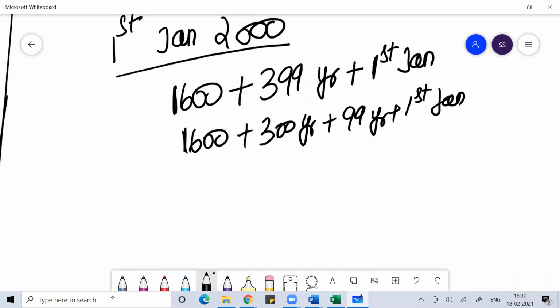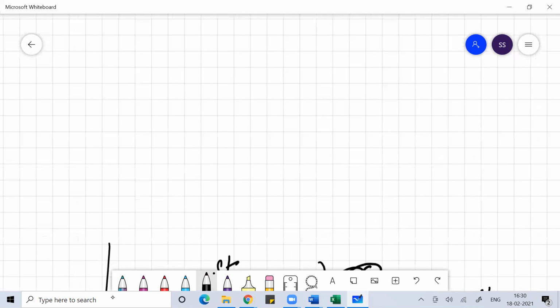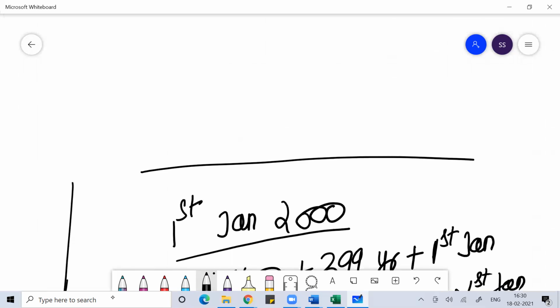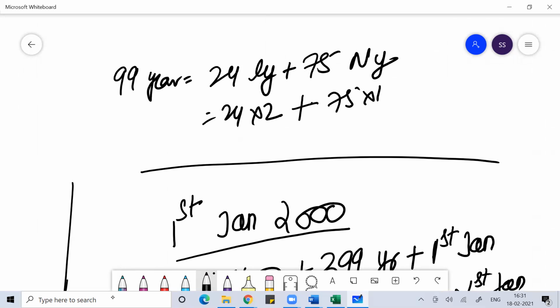This way you have to solve. 1600 means 0, 300 means 1, 99 year. If I ask you 99 year means how many leap year will come? 24 leap year will come, and then 75 normal year will come. 24 leap year means 24 into 2, 48 plus 75 into 1.